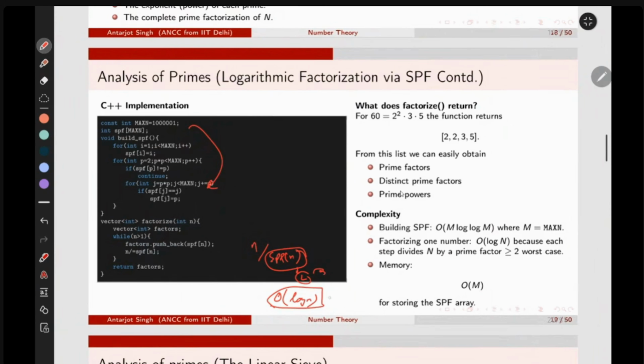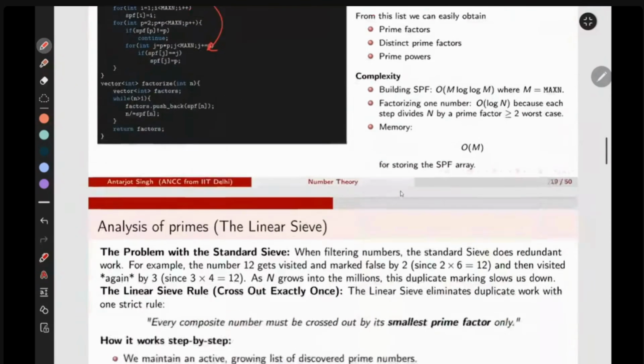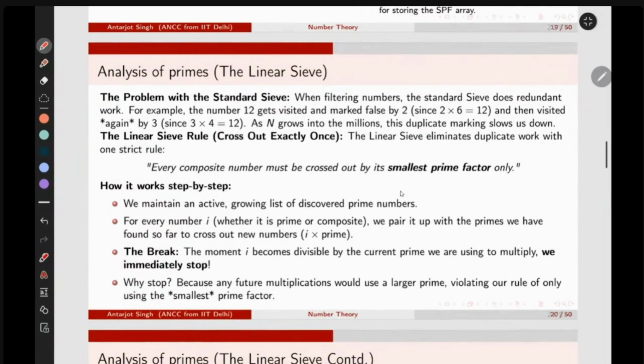So it takes log n time complexity to factor a number per query. Now, is this clear? If anyone has any doubt, you can just speak.